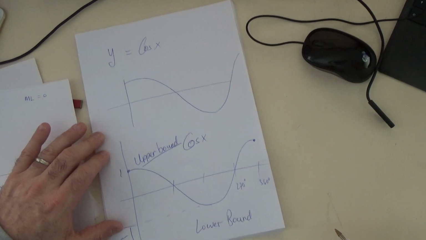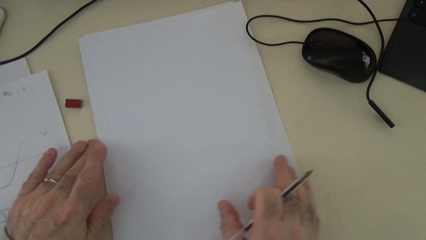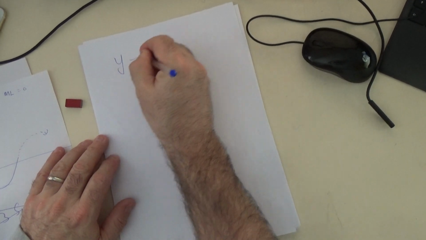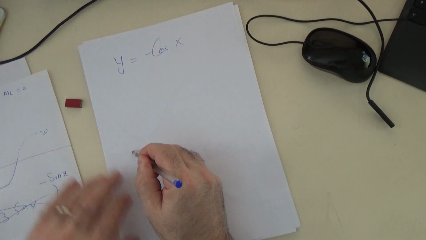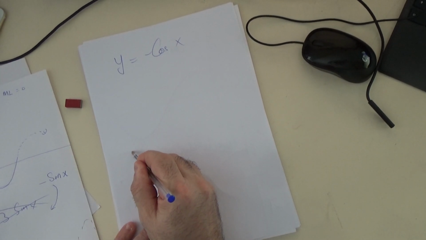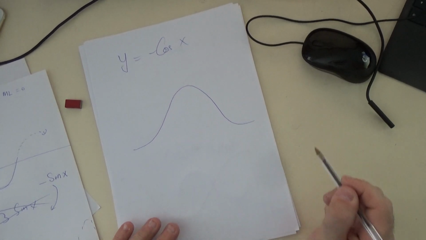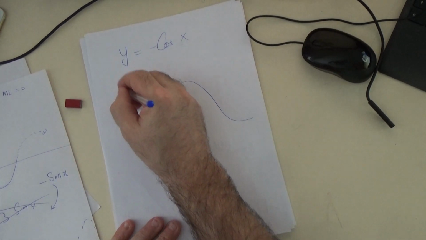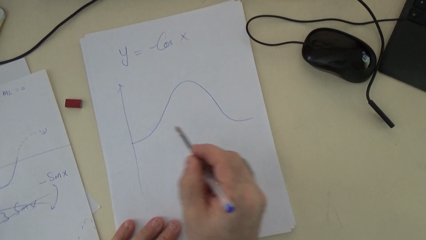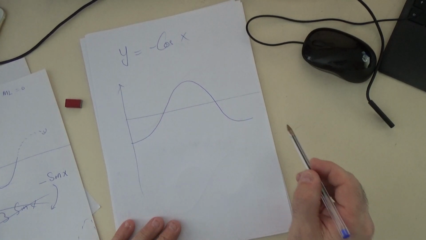Okay. So let's invert the cosine of x. That would be saying y equals minus the cos of x. So we just want to start from a low down place, come up, come down, and come up again. So that's as much as we need for cosine of x. Those are my y-axis. Try to eyeball where the middle is. Out we go there.